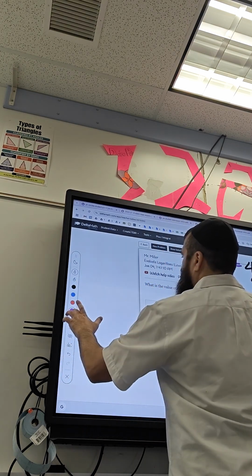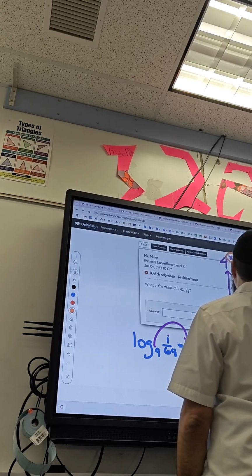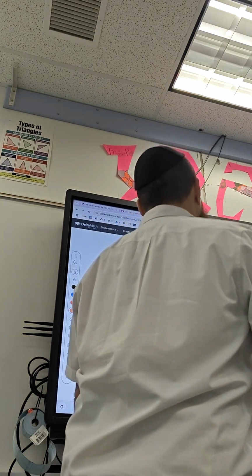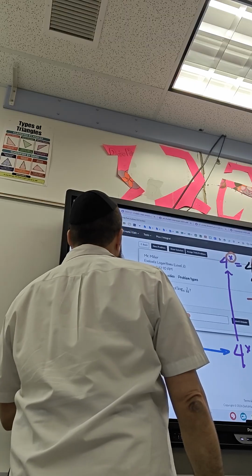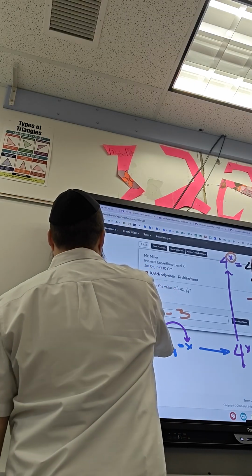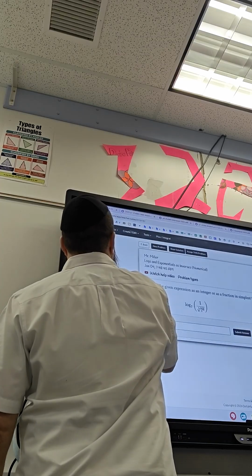So then clearly x has to equal negative 3. And that's it, negative 3. All right, so pretty straightforward. That's the second set.